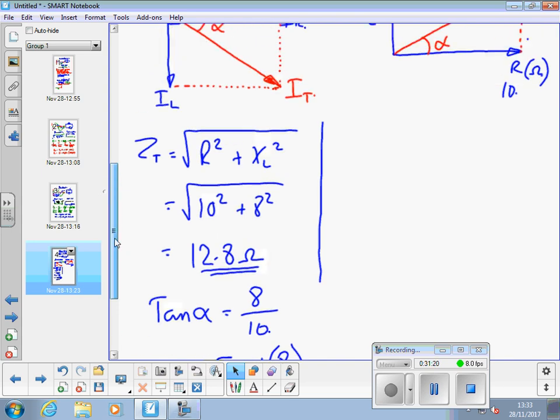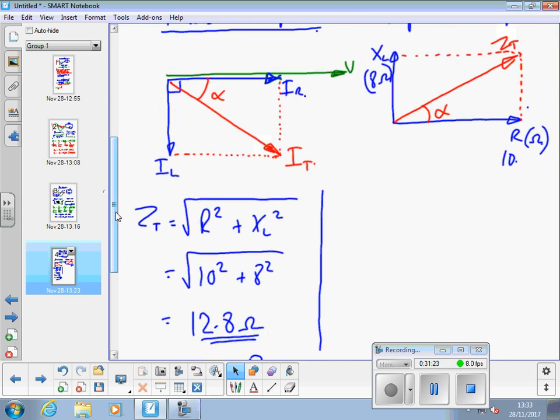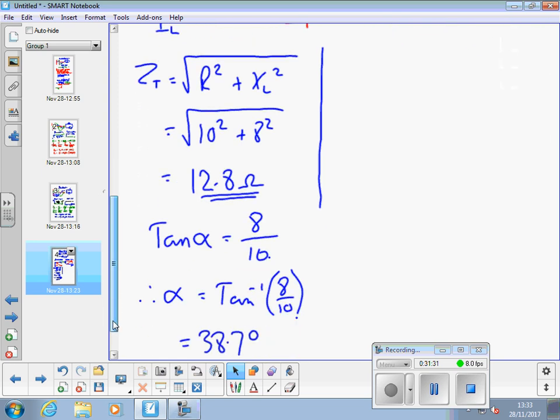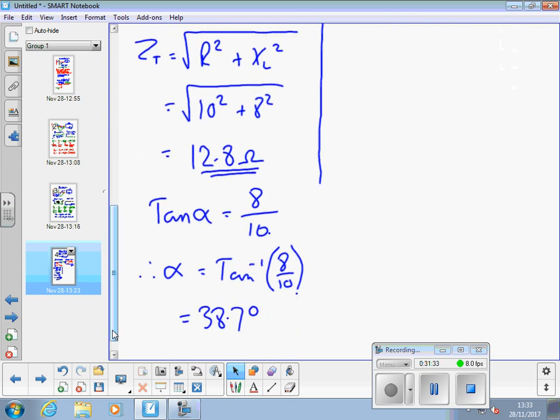And then choosing the tangent ratio, because they're given values, the 8 ohms of XL and the 10 ohms of resistance, rather than using cosine or sine, which would involve us using the calculated hypotenuse. So the tan of the angle is opposite over adjacent, 8 over 10. So we do inverse tan on that and we come up with 38.7 degrees.